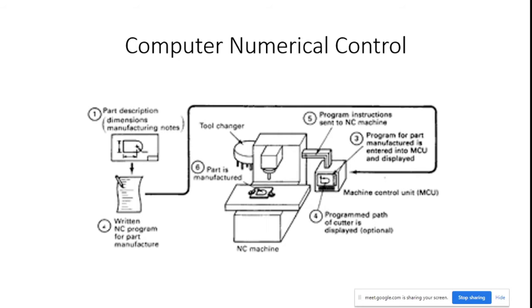So the program instructions should be sent to the NC machine. After that, the sixth part is the part to be manufactured. The job is clamped on the work table, and the workpiece is machined with the spindle head and the tool held on the rotary spindle. These are all the steps available with the computer numerical control machine.